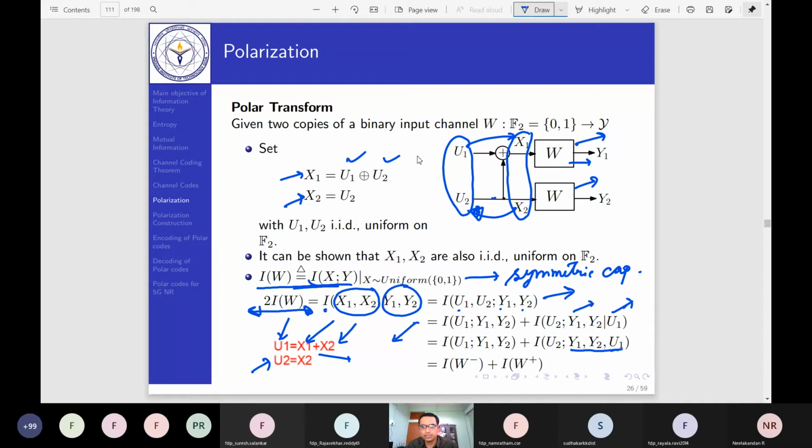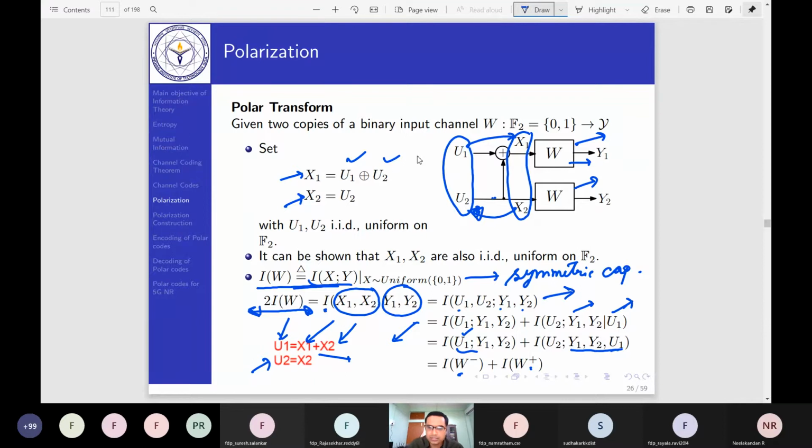So this channel I'm denoting as W minus, and this channel I'm denoting as W plus. For W minus, the input is U1 and output is Y1 and Y2. And for W plus, input is U2 and output is Y1, Y2 and U1.